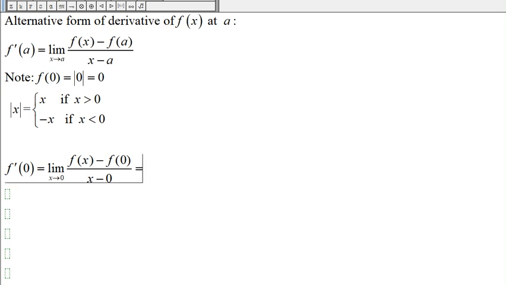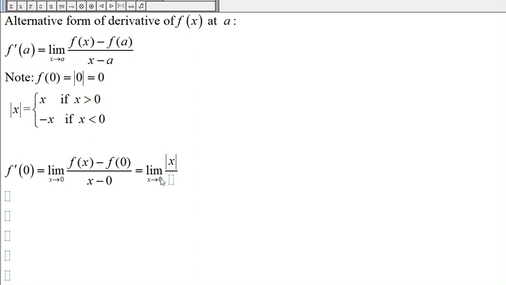So that's the definition for absolute value. And so this becomes the limit, f of x is just the absolute value of x, f of 0 is just 0, and then x minus 0 is just x. And so we end up with this.